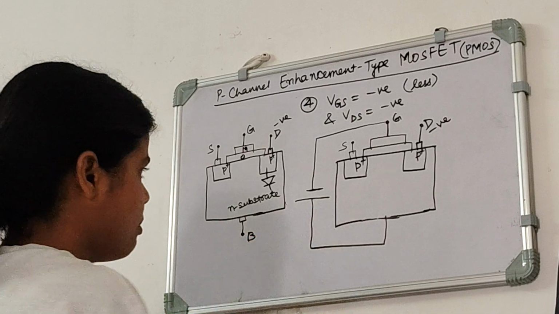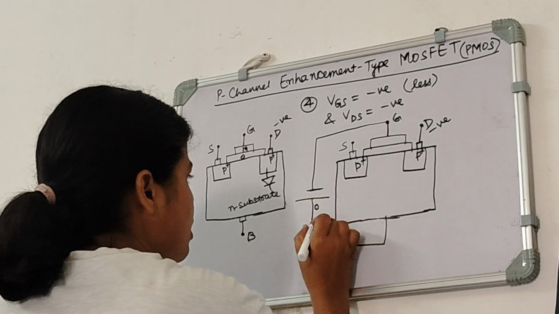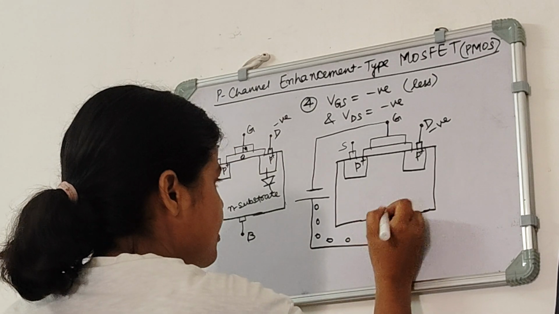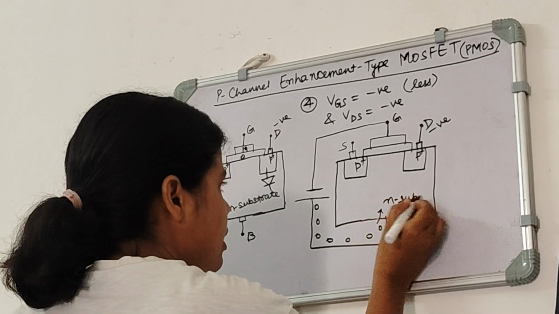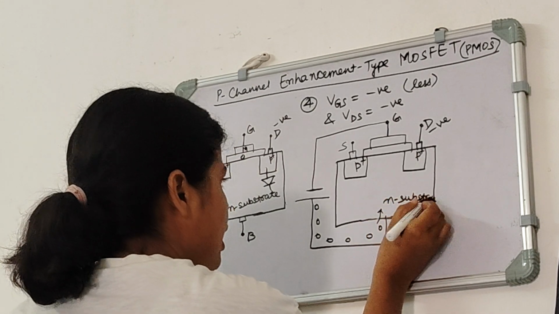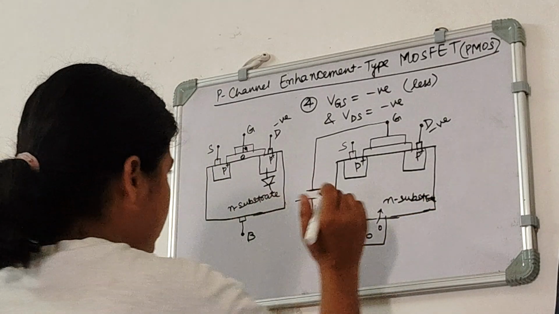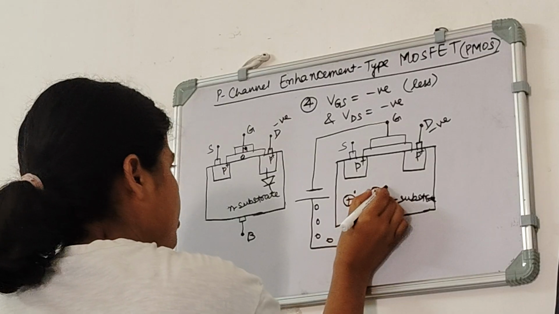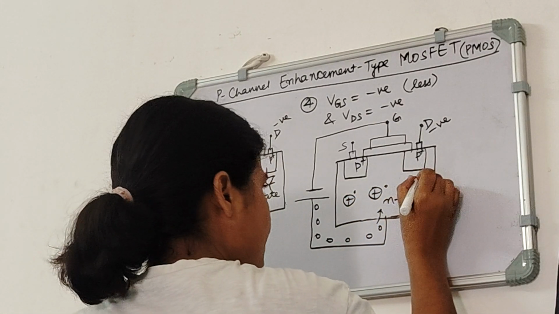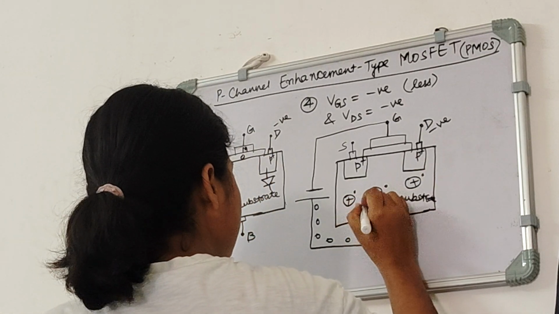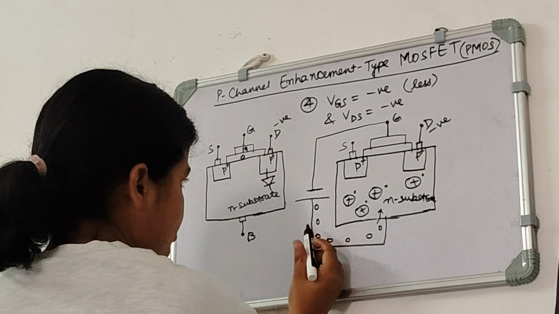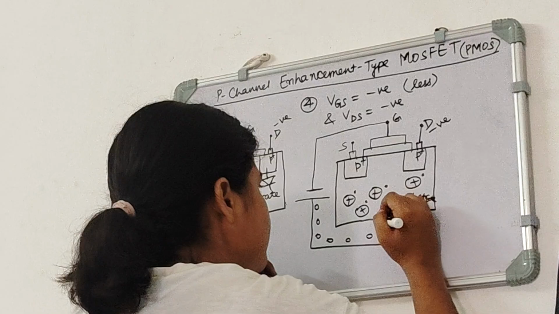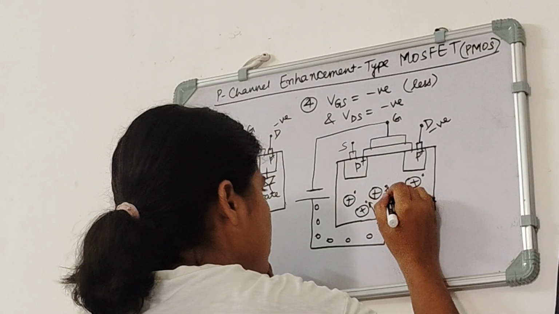So holes from this positive terminal will come into the N substrate. We know that N type material looks like positive ions paired with electrons, and there will be so many pairs. These holes from the positive terminal will go into the N substrate and they will recombine with these electrons.